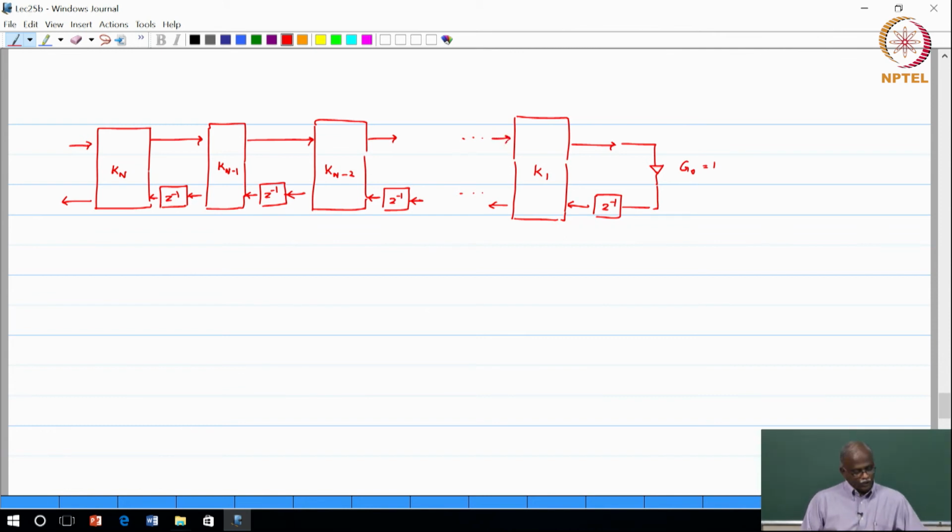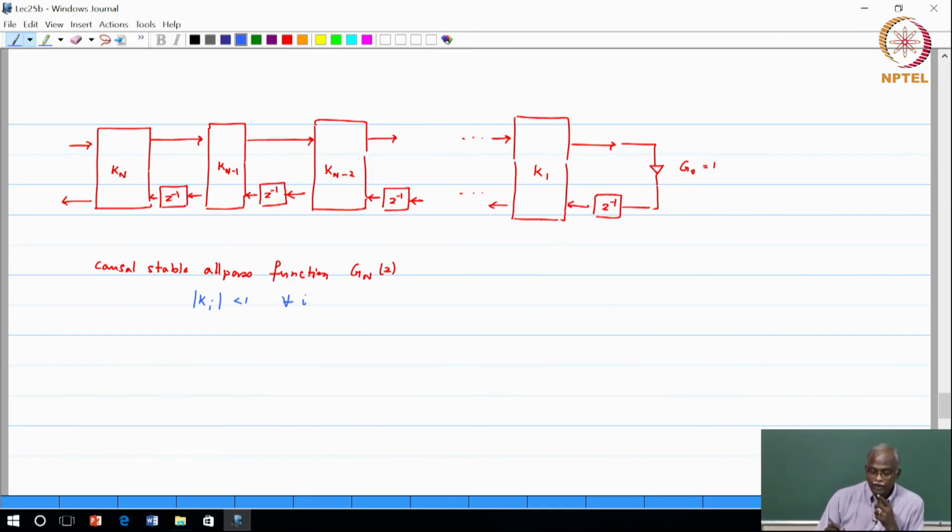So, what it says is that if I have a causal stable all pass function Gn of z, then we can obtain a lattice structure where we can show that all the Kn's are modulus less than 1, modulus k subscript i less than 1 for all values of i.